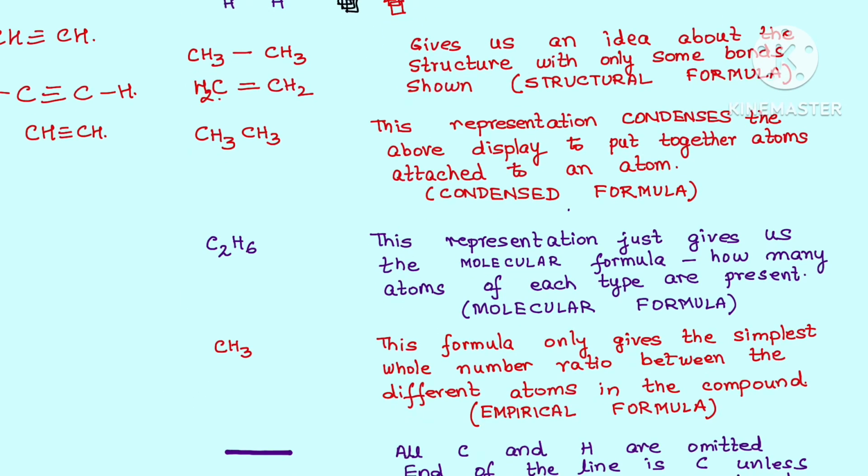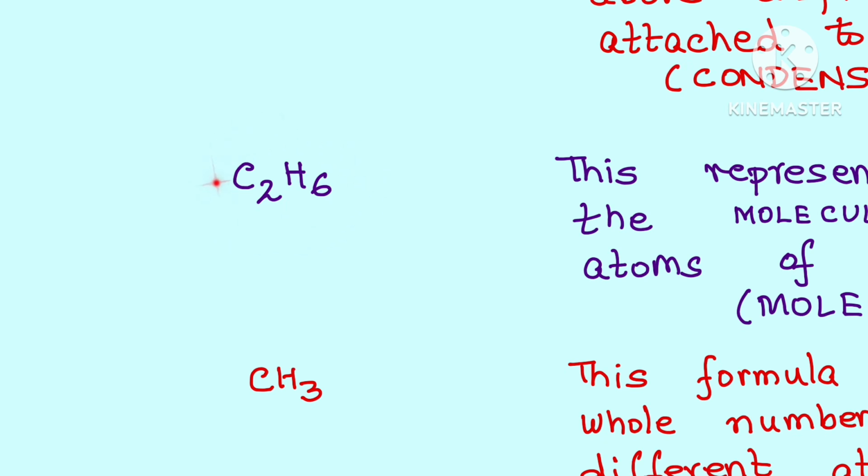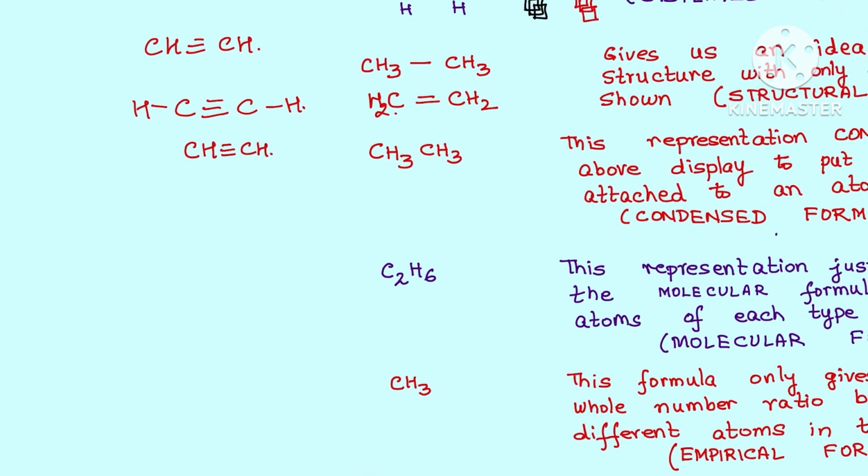Now look, there are 2 carbon atoms in the molecule and 6 hydrogen atoms. What is this? Yes, you have been doing it in your previous classes as well. This is nothing but the molecular formula. A representation which is telling me how many carbon atoms are there and how many hydrogen atoms are there. Similarly, if I have to represent this compound, I have to write the molecular formula.